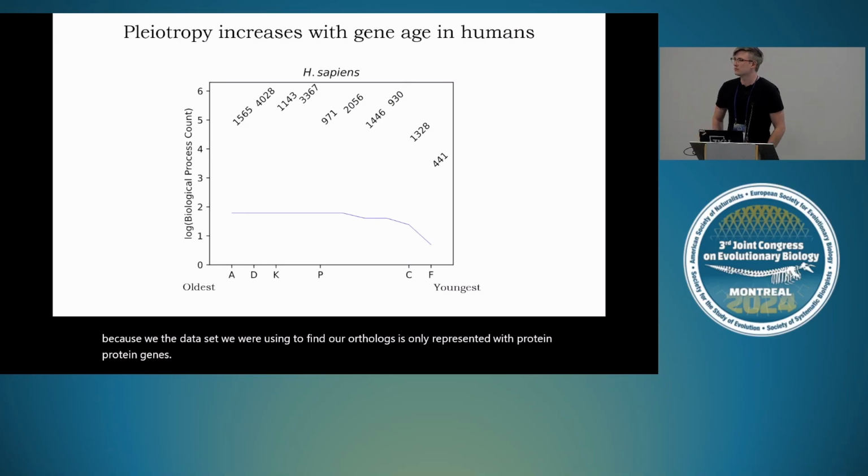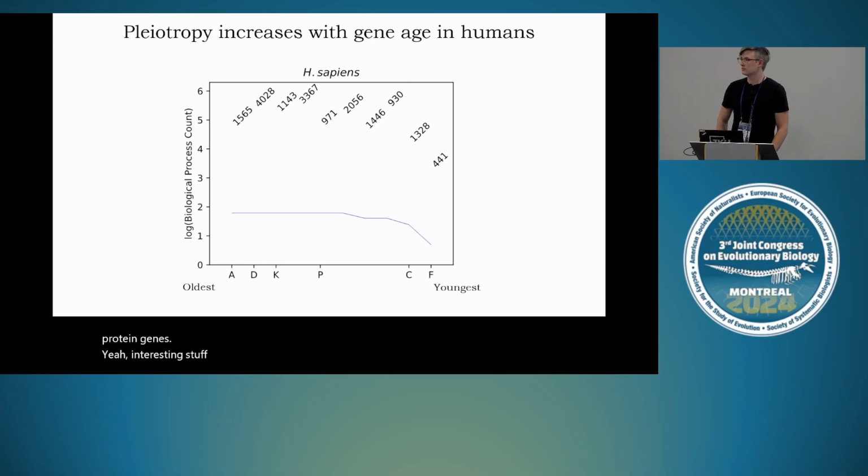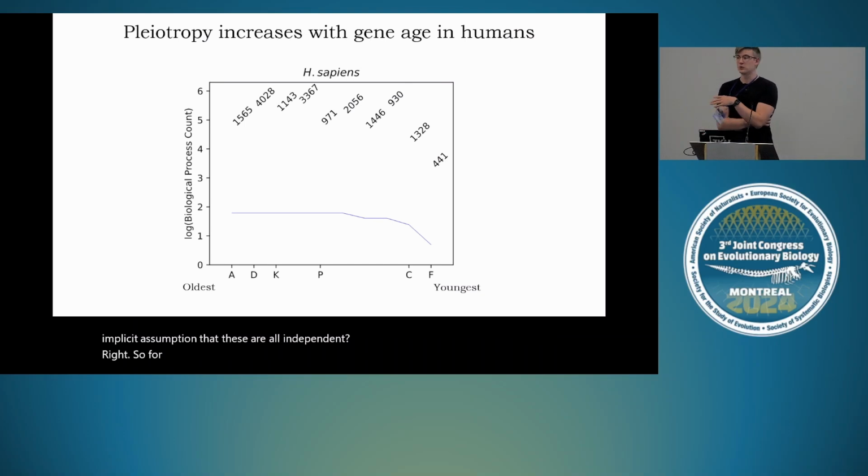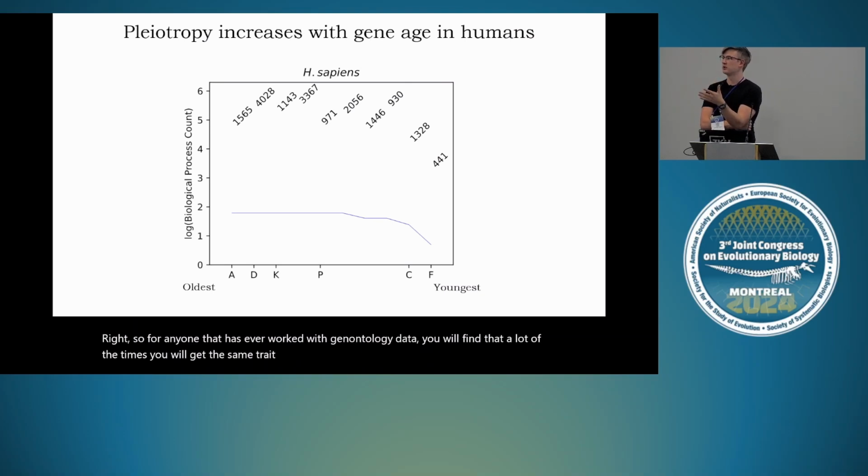Interesting stuff. When you're looking at biological processes or traits, is there an implicit assumption that these are all independent? I'm just wondering, have you thought about what if you have processes that are overlapping and how you might correct for that? Right. For anyone that has ever worked with gene ontology data, you will find that a lot of the times you will get the same trait represented in multiple different ways within a single gene.